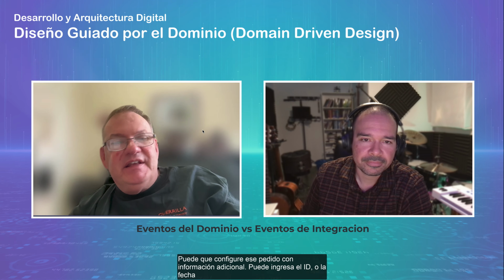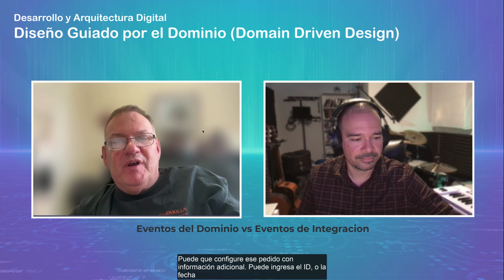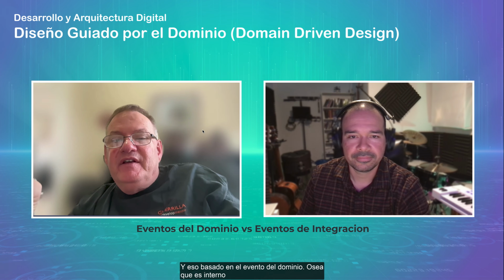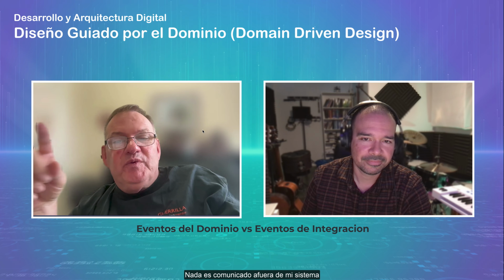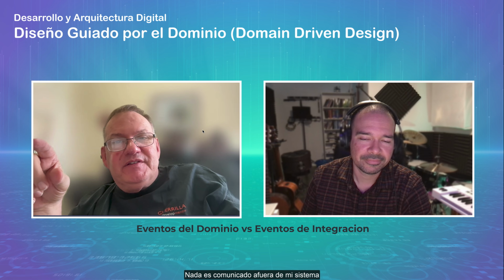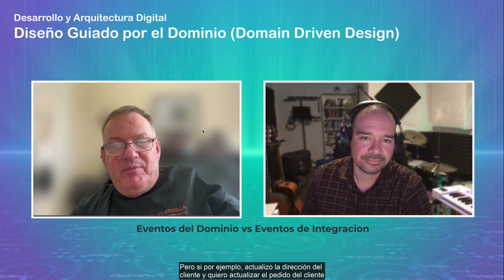Maybe it sets the ID of the event. Maybe it sets the order process date of that entity, and we do that based on the domain event. So that's internal within my system. However, nothing is communicated outside my system at that point.